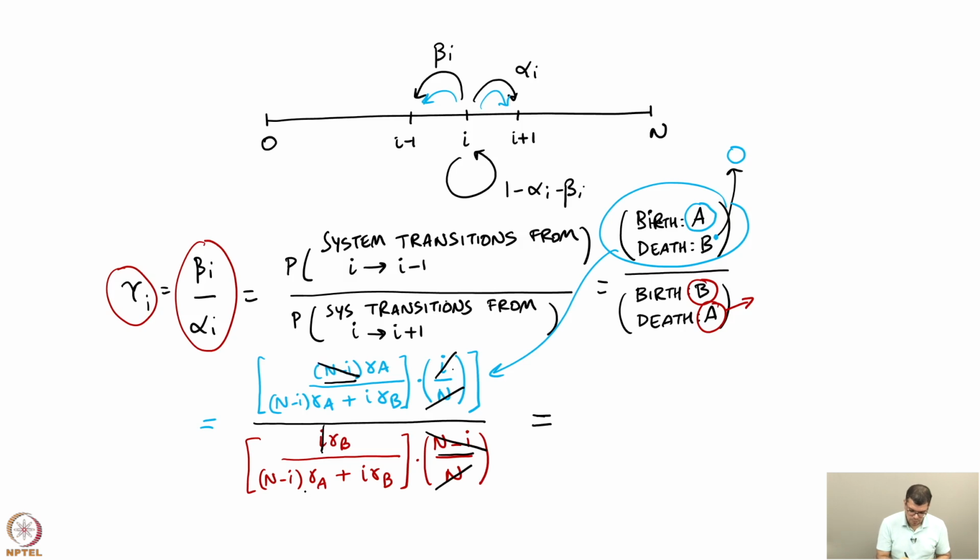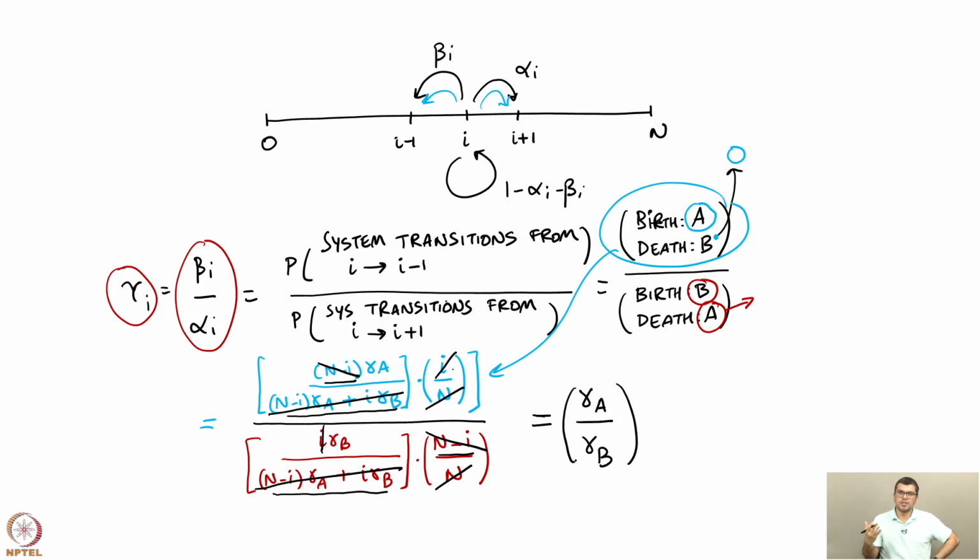and we should be able to see that the denominator here was the total fitness of the population, and the denominator here is also the total fitness of the population. These two are identical. So, this denominator cancels with this denominator, and eventually we are left with a very simple expression for gamma_i, which is equal to R_A divided by R_B.